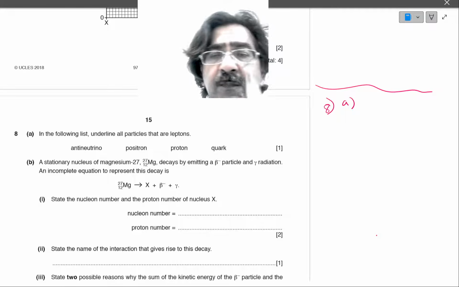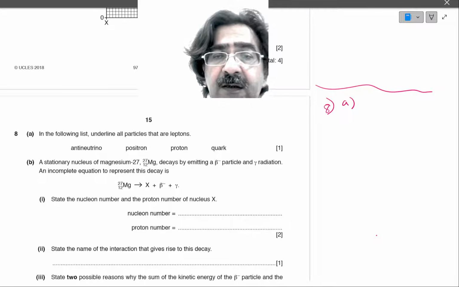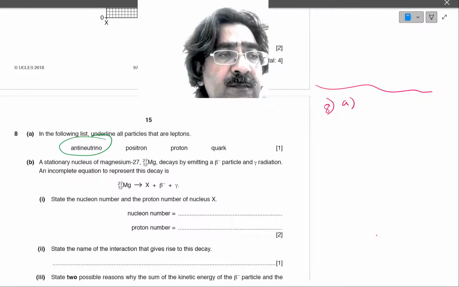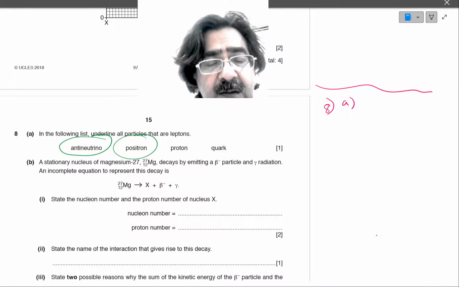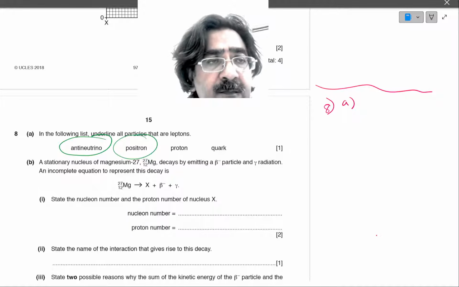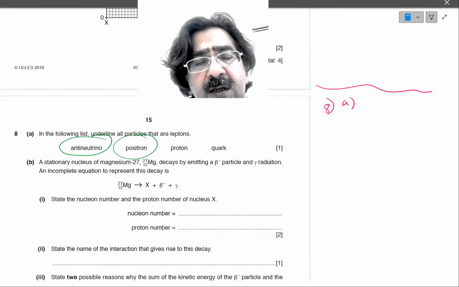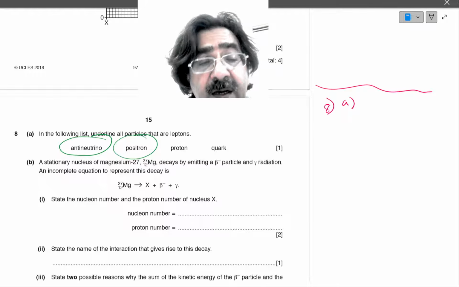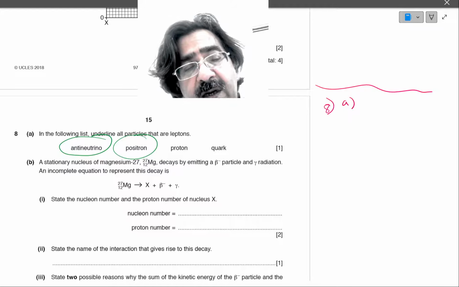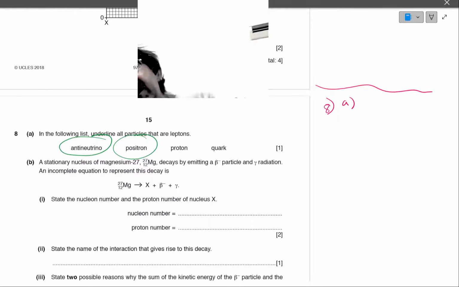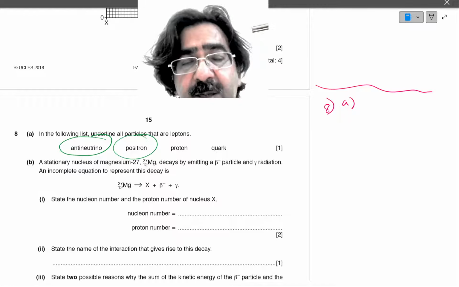So the simple answer is antineutrino, and positron, that is a spin half particle. The electron, and proton, I think proton is not okay because proton is not a basic particle.